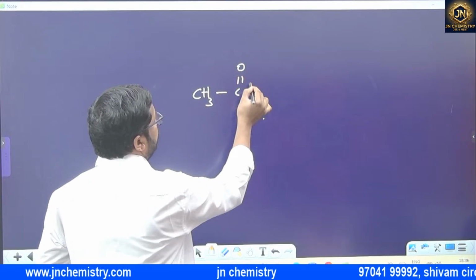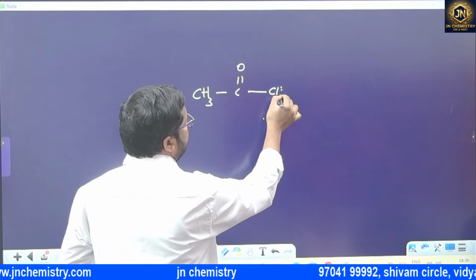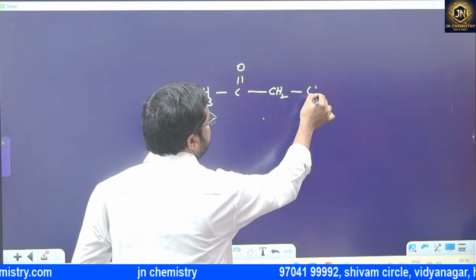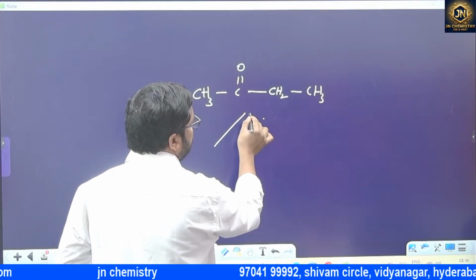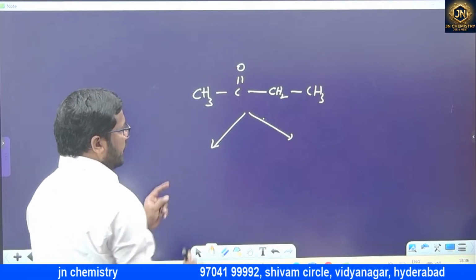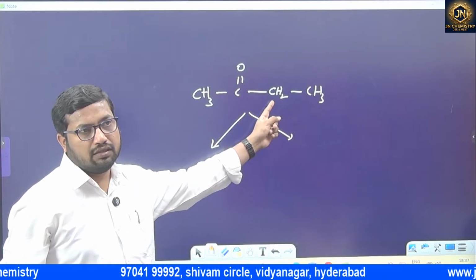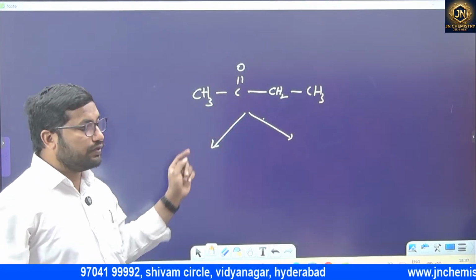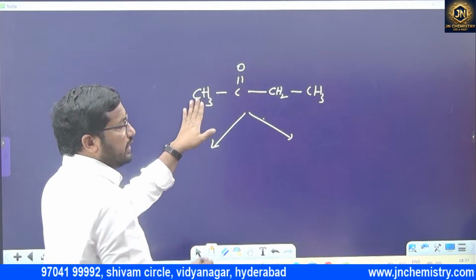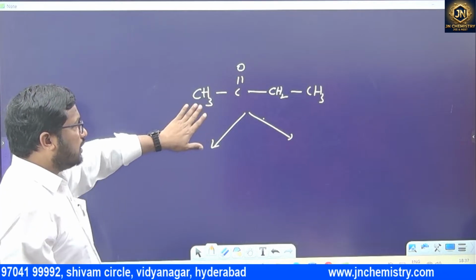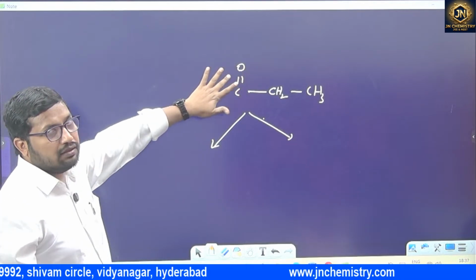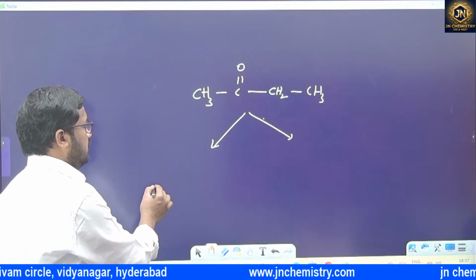CH3-C(=O)-CH2-CH3. In this case, two tautomers are possible, yes or no? We can remove one proton here and one more proton over here. If the proton shift takes place on the left side, what exactly happens?